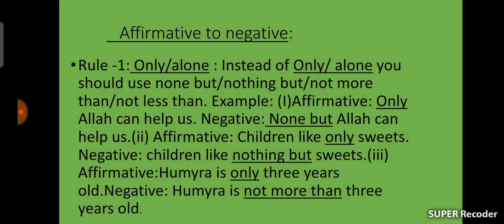Dear students and listeners, if you find only or alone in any affirmative sentence, you should write down none but instead of any person, nothing but instead of any things or anything, and not more than, not less than in case of number or age.